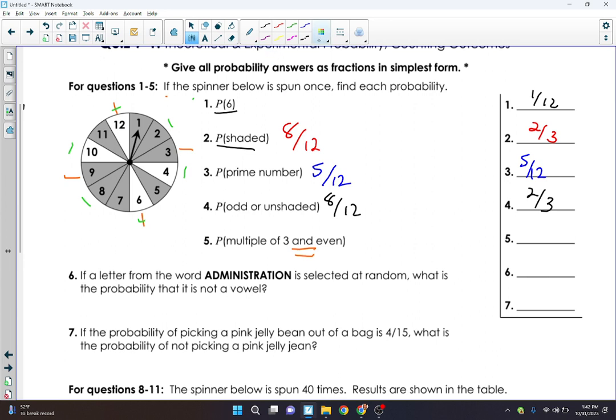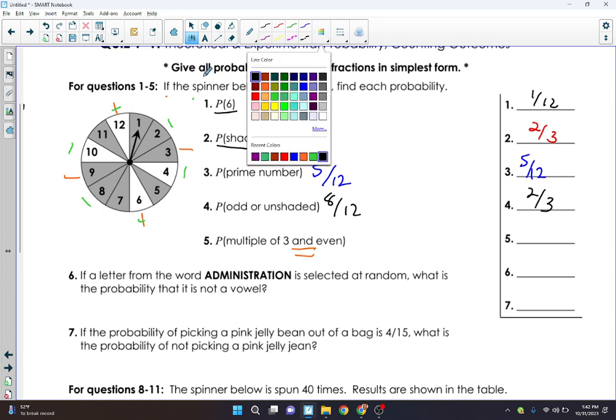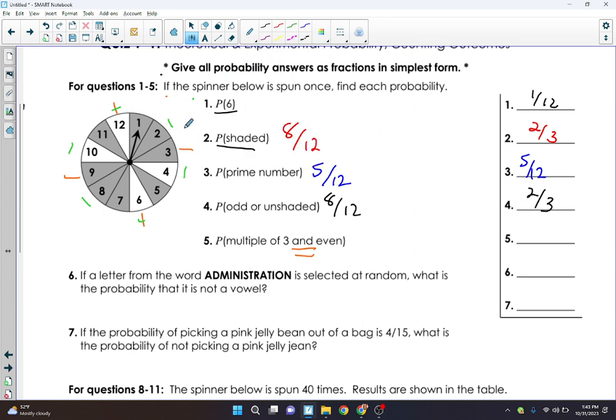In this case, they both have to exist. In the or statement, I don't care if it had 1 or 2. In this statement, I need both of them. So the only ones that fit that is 12 and 6. So that's 2 out of 12, or 1 out of 6. So and statements, you have to have both be true. Or statements, you can have one or the other.